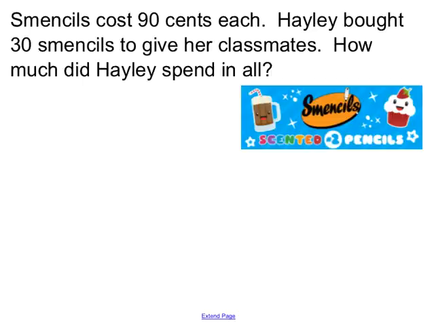Haley bought 30 Smencils to give her classmates. How much did Haley spend in all? So copy the problem and solve it in your notebook. You can pause the video to copy and then solve it. Then, after you have copied and solved it, unpause it to go to the next question.